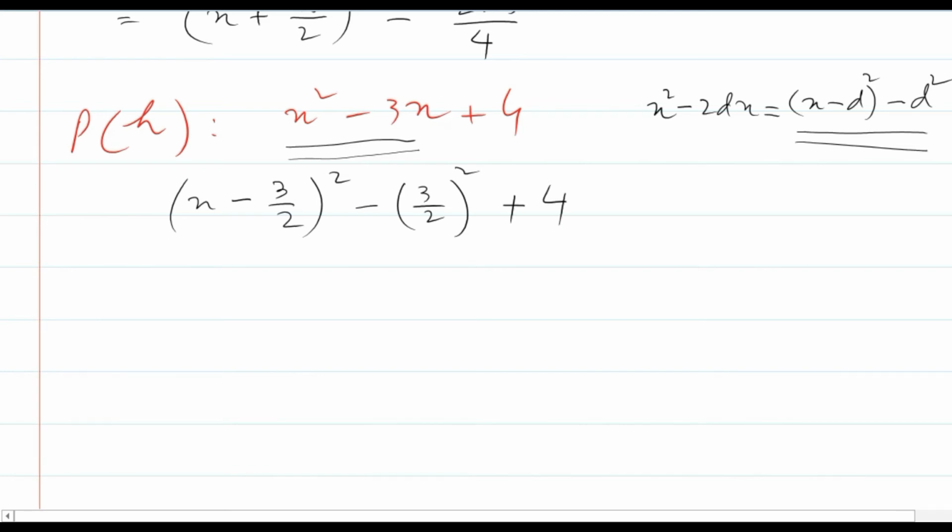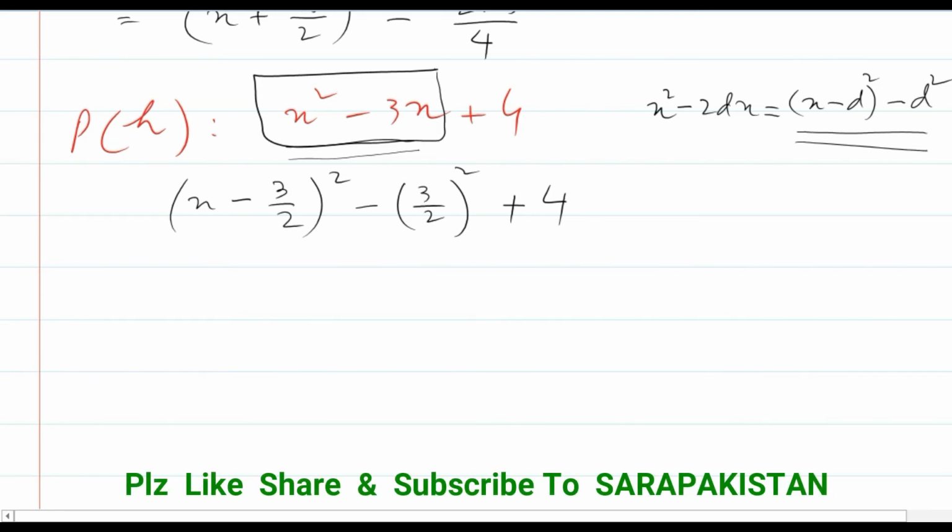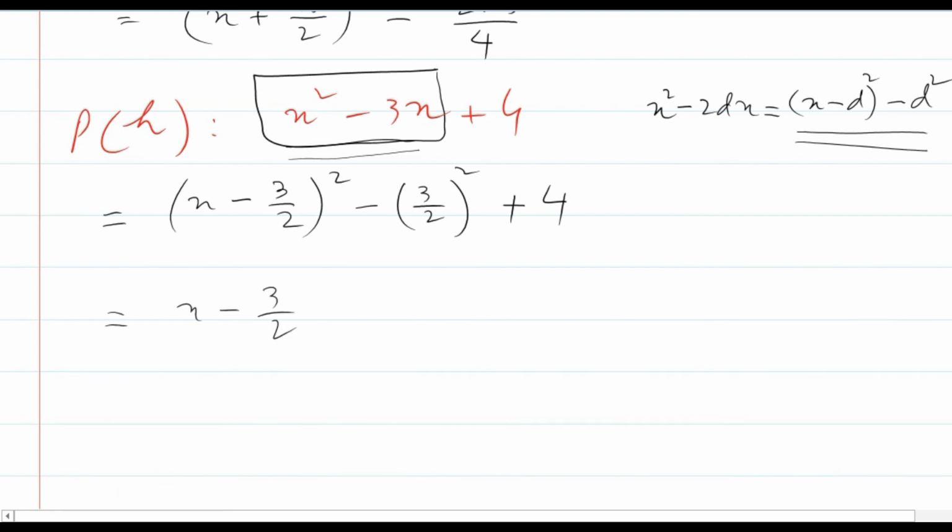This 4 will remain as it is, and we have applied the formula on only this section. Now on simplification, you will get x minus 3 over 2 whole square minus 9 over 4 plus 4.